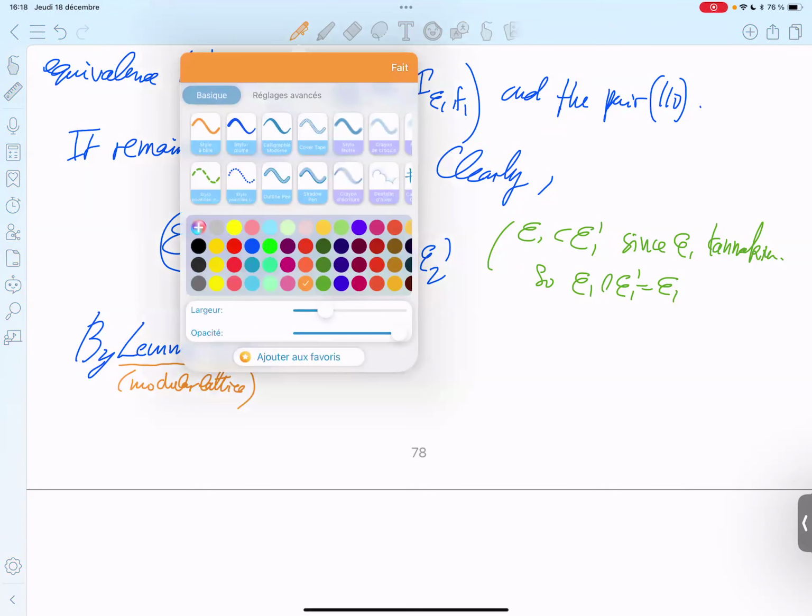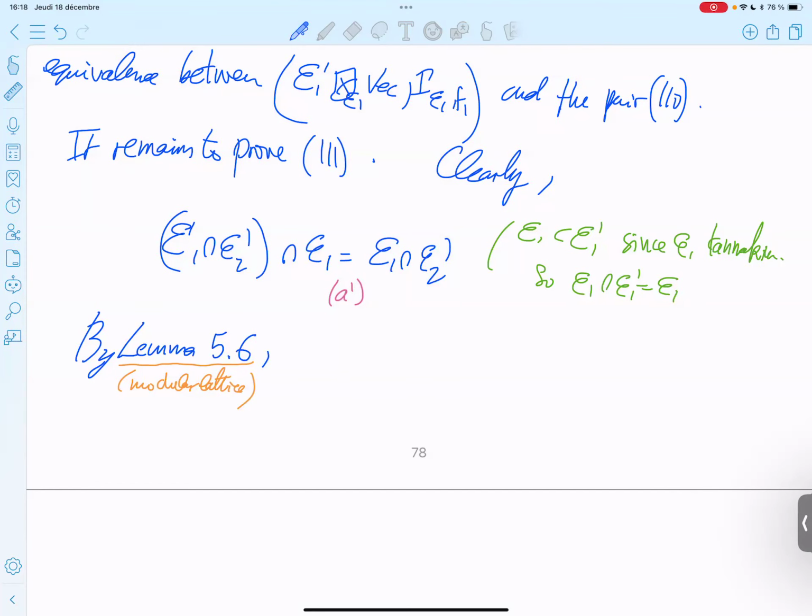What do we have immediately? We get directly that E1 prime intersection E2 prime with E2 is equal to E2 prime with E1 intersection E1.